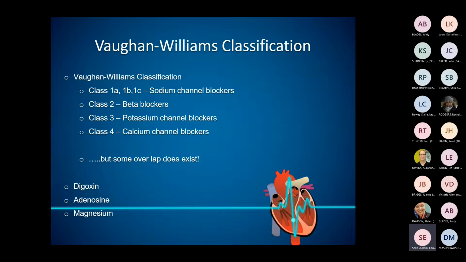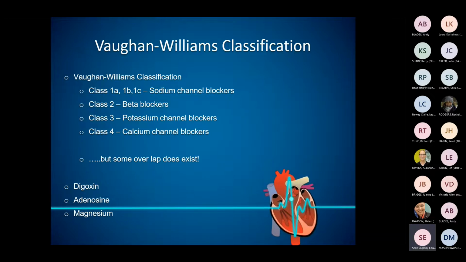The first thing that we notice is out of those 4 classes, 2 of them are rate control, 2 of them are rhythm control. Class 1 is rhythm control, class 2 is rate control, class 3 is rhythm control, class 4 is rate control. And in terms of the management of arrhythmias that we see in daily practice, that's a question we should be asking.